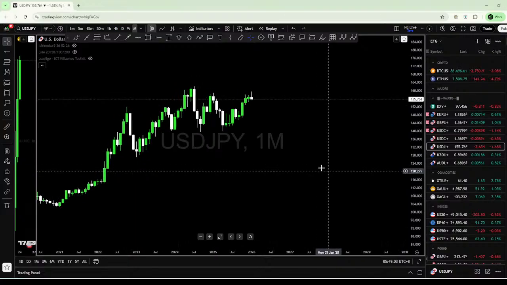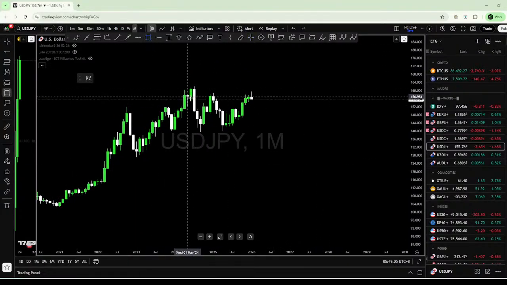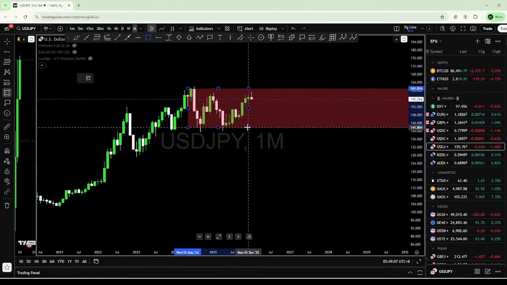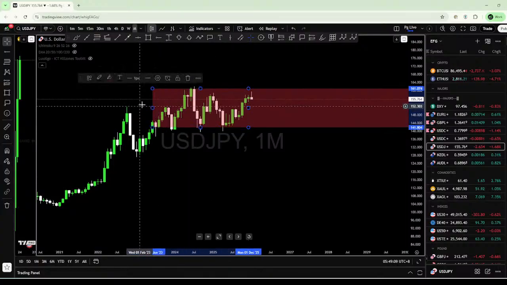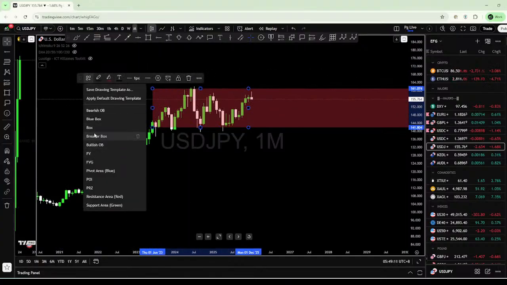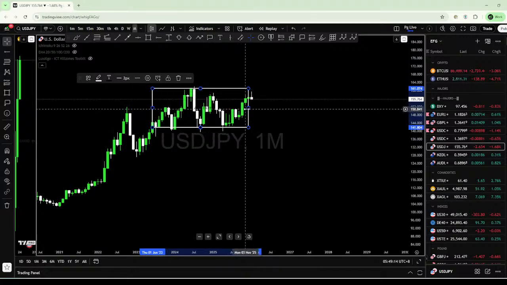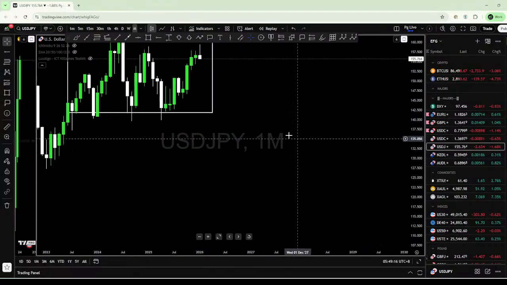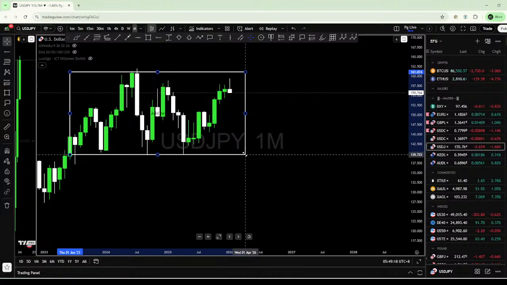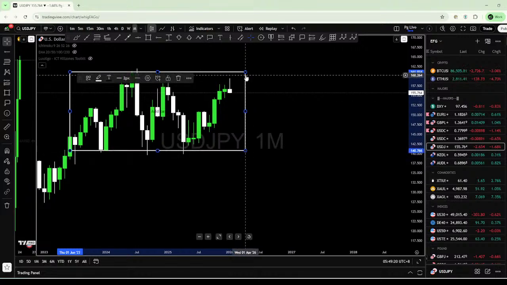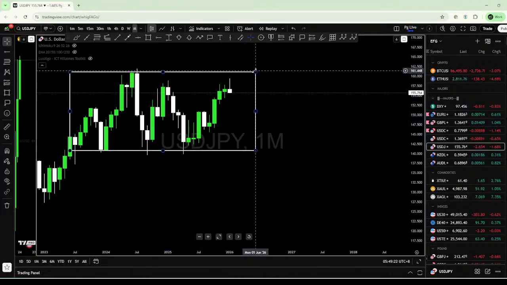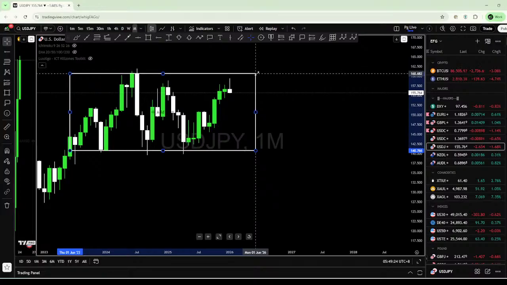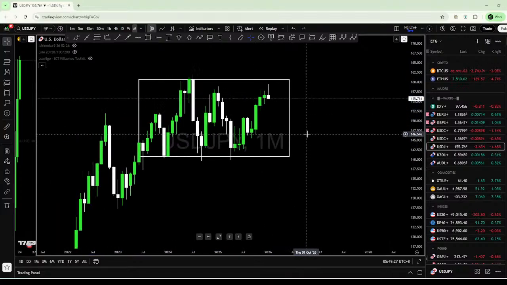UJ, I would say that in the bigger picture, in the monthly, I would say they are ranging. Okay, they're just ranging in the monthly, between these zones. Basically it's in between.